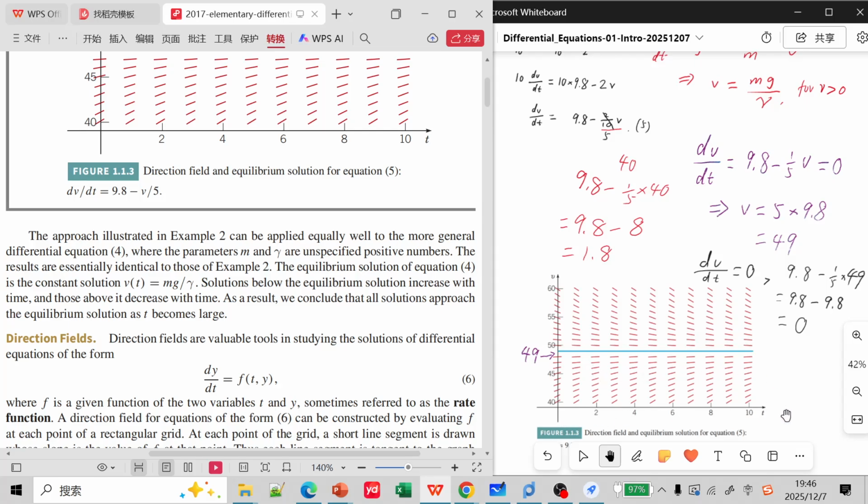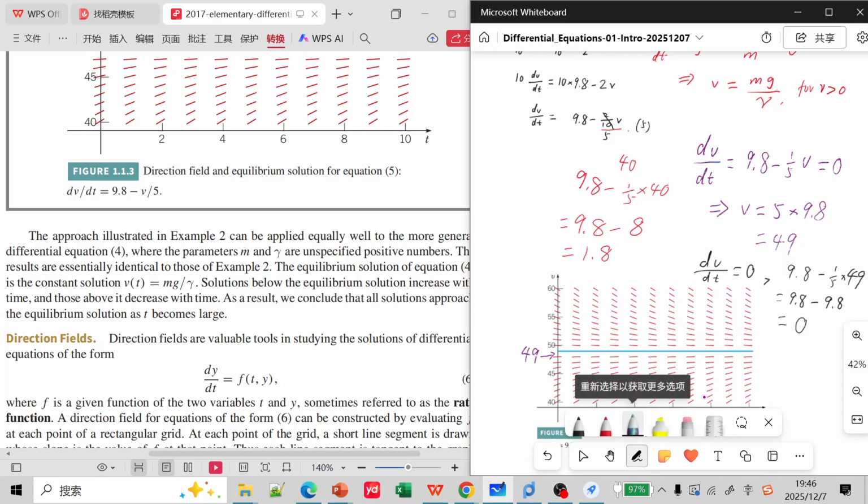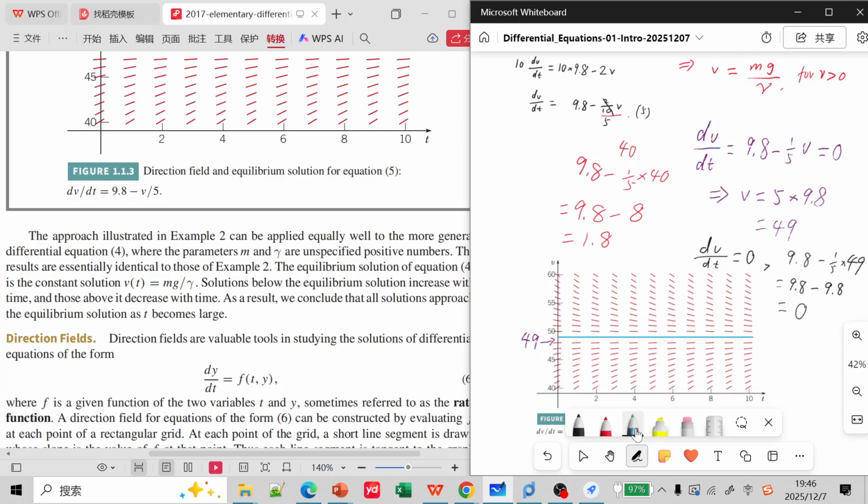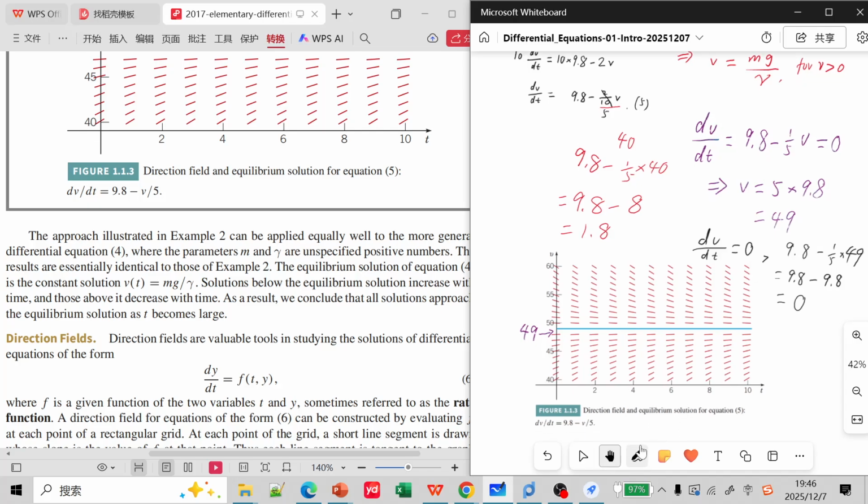So we look at this t-axis. Now we look at this trend or direction.